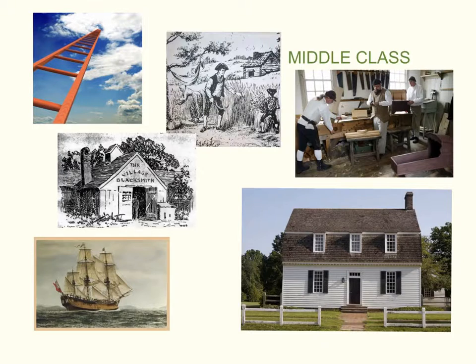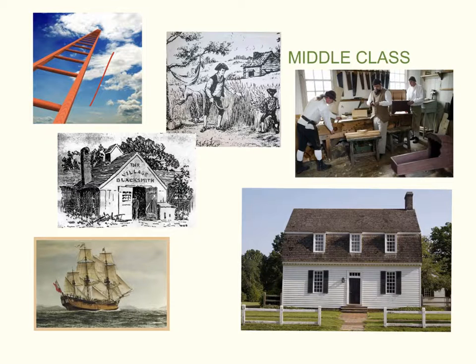This was the middle class, and of course most colonists were in that middle class. They weren't poor, they weren't rich. Some of them had even made their way up the social ladder and got some new things along the way. And most of this group were just your working class people.